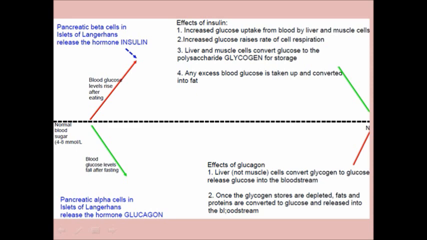Now it's important just here to note that we've talked about insulin and glucagon being produced by the pancreas. These are released into the bloodstream, and for that reason they're known as endocrine hormones. However, we know from our study of digestion that the pancreas also releases alkaline juices and enzymes into the pancreatic duct, which then goes into the duodenum.